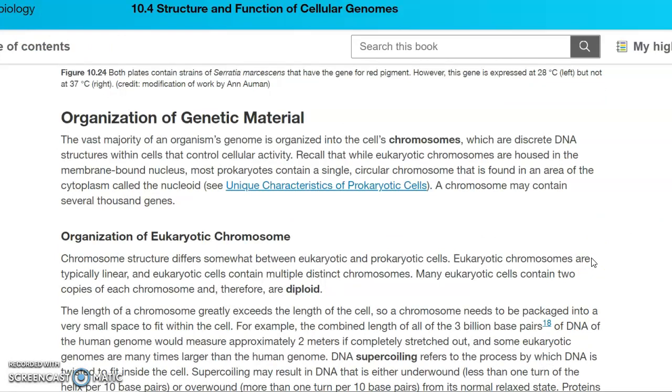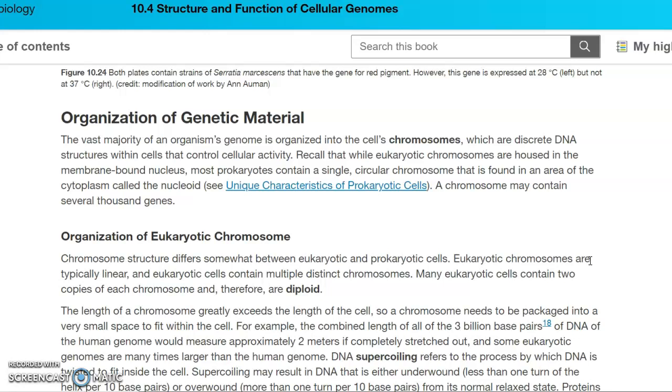Now, most of an organism's genome is organized into its chromosomes. Remember, we discovered chromosomes before we realized their significance. Eukaryotic chromosomes are found in the nucleus. Prokaryotic chromosomes, typically a single circular chromosome, are found in the area that we call the nucleoid.